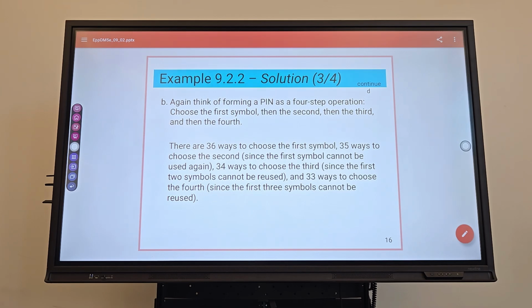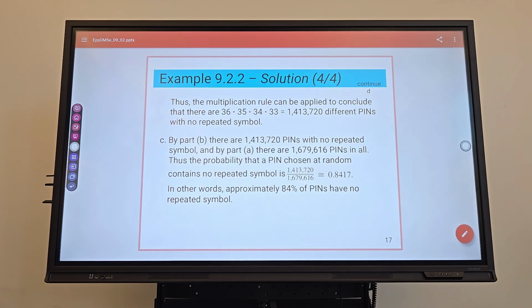And since you can't use the first 2 symbols, 34 on the 3rd step and 33 on the 4th step. Thus, the multiplication rule can be applied to conclude that there are 36 times 35 times 34 times 33, or 1.4 million different PINs with no repeated symbol.